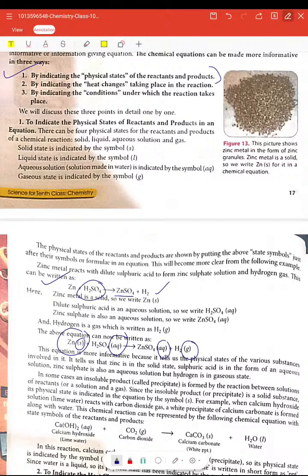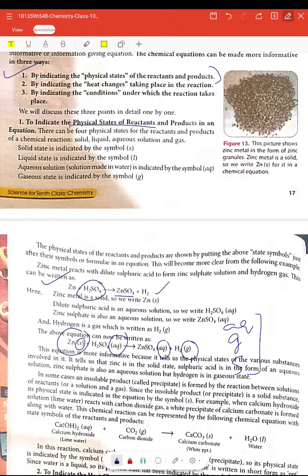Aqueous, gas, solid: this indicates the physical state of reactants and products.